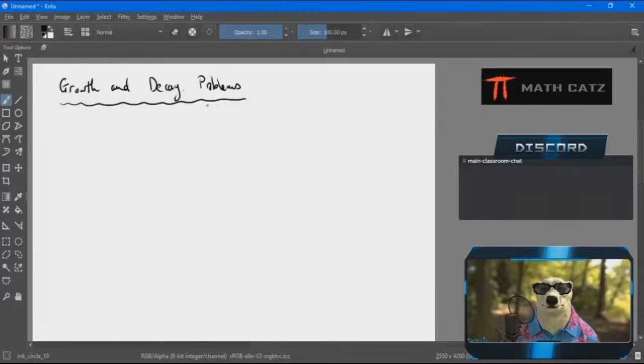And let me highlight what the key concept is here. We'll first just look at growth, and then tomorrow we'll look at decay problems and link the two together. So I'll write out a sentence.